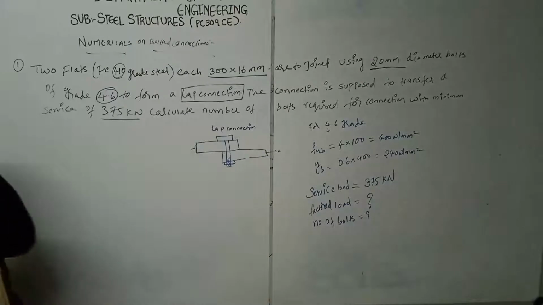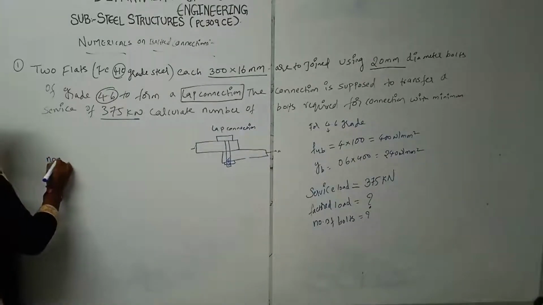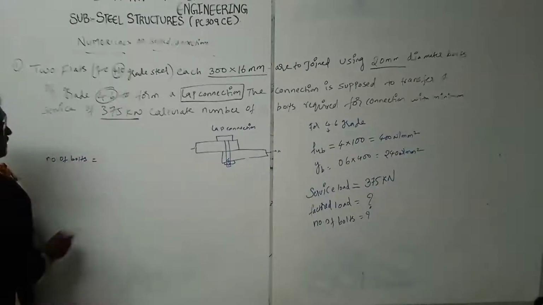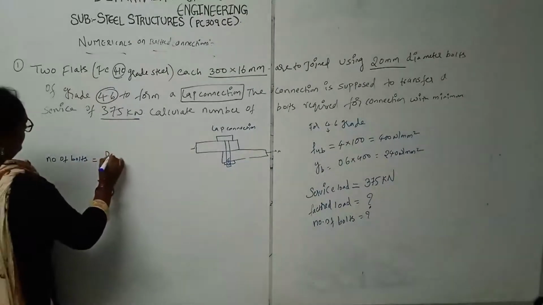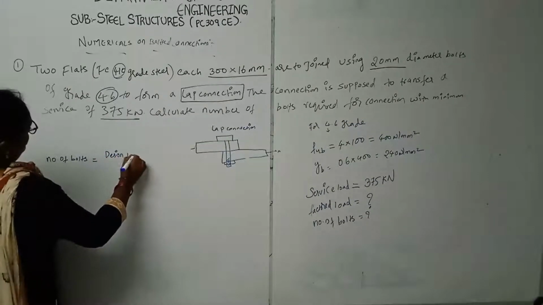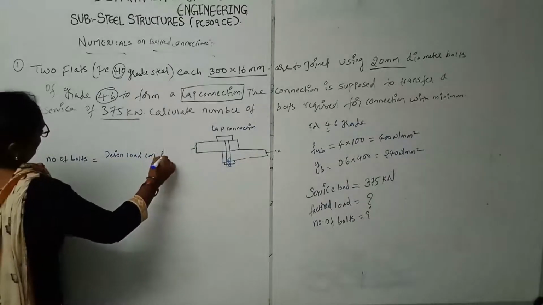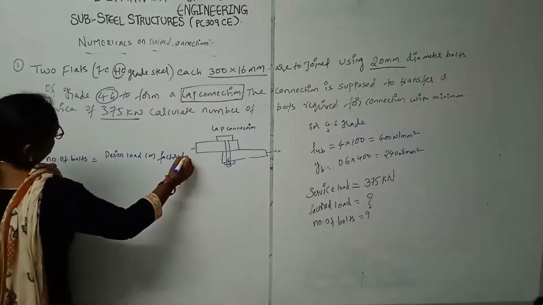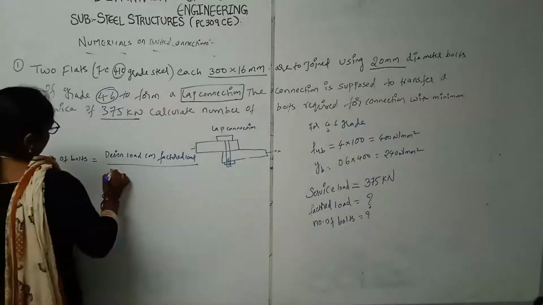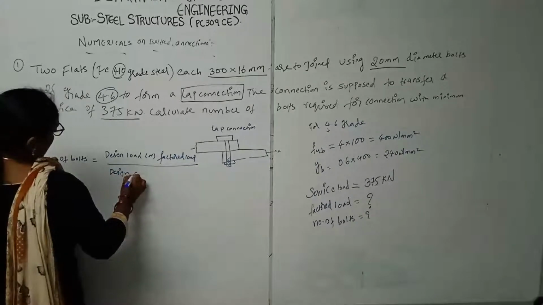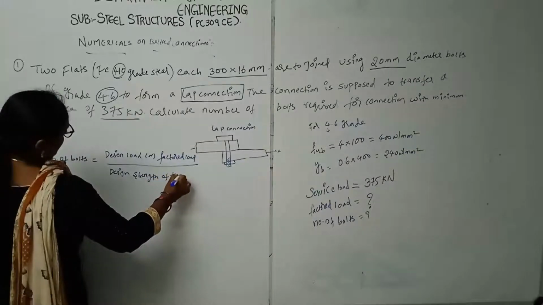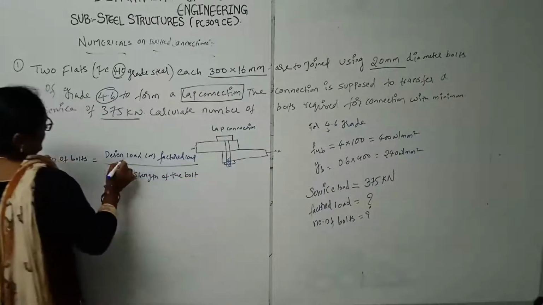For finding the number of bolts, what is the formula? Number of bolts is design load or factored load divided by design strength of the bolt.